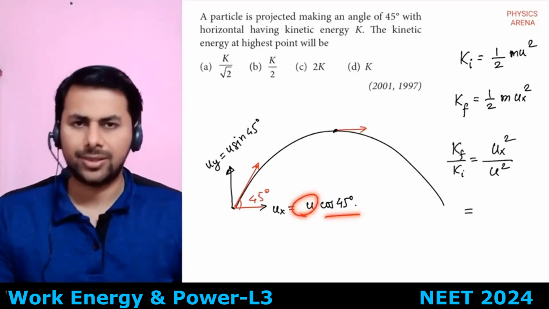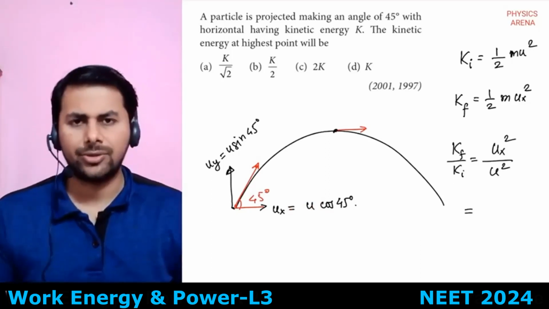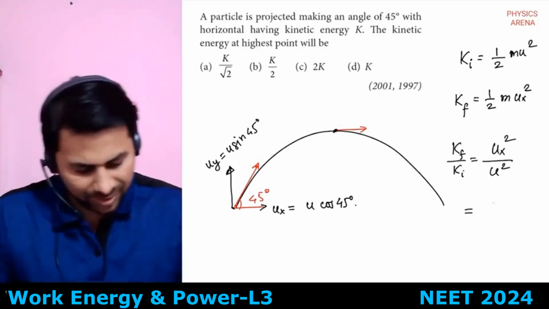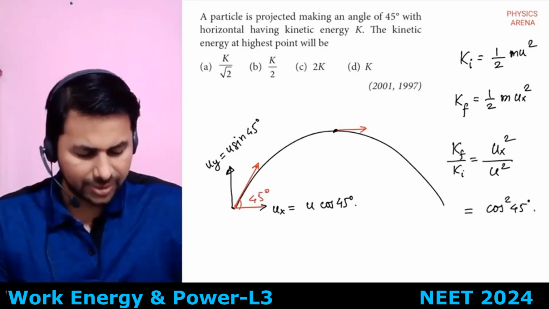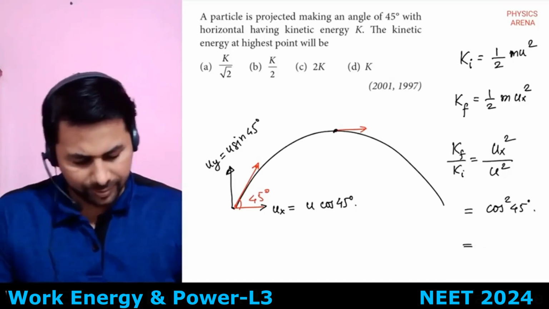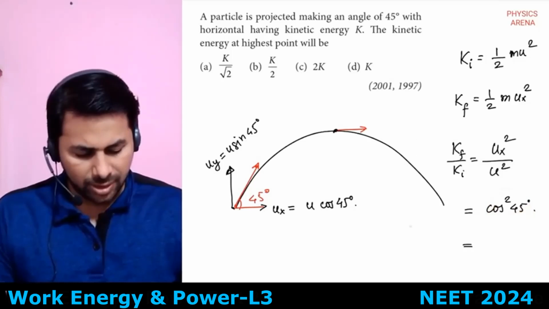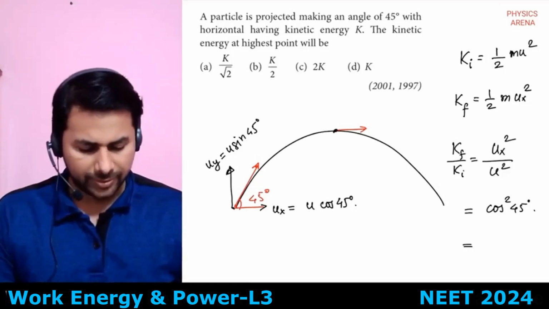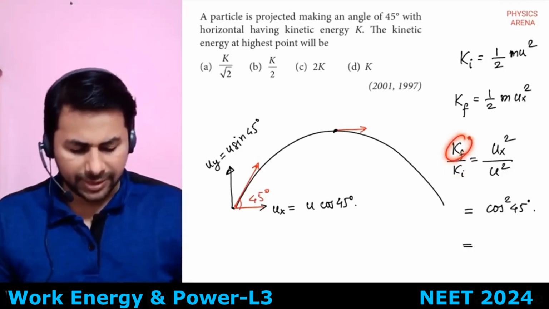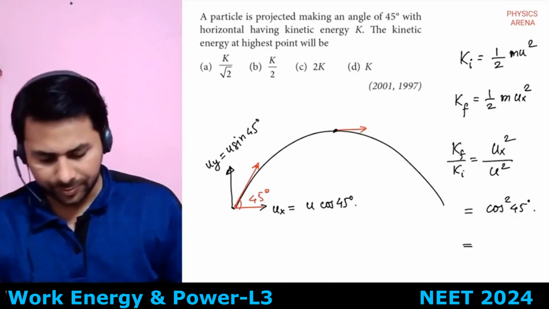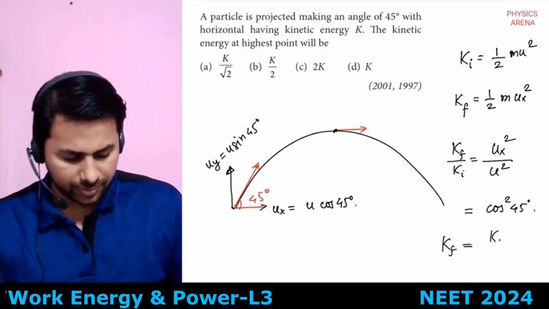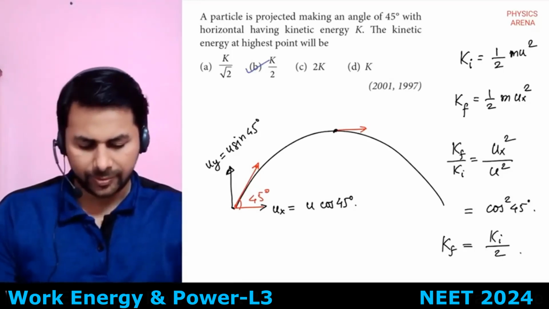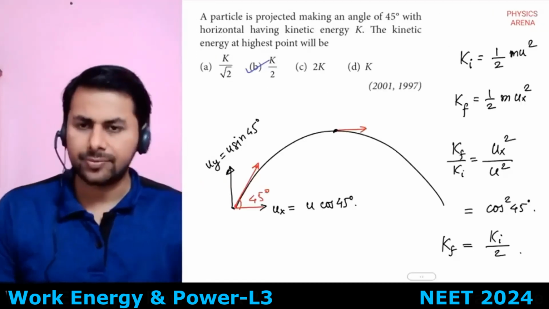It is u cos of 45 degrees. Square that and you get u square cos square 45. u square and u square will get cancelled and it will be just cos square of 45 degrees. How much is that? 1 by root 2 square, so that is 1 by 2. So kf by ki is 1 by 2. That means kf is equal to ki divided by 2. So kinetic energy becomes half. So option B, right? It's clear?